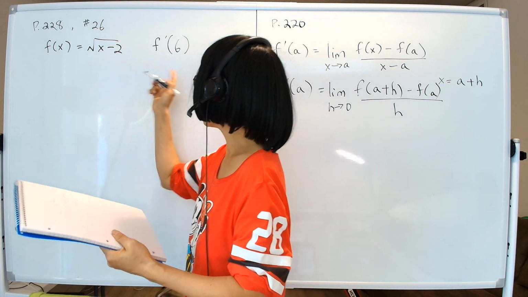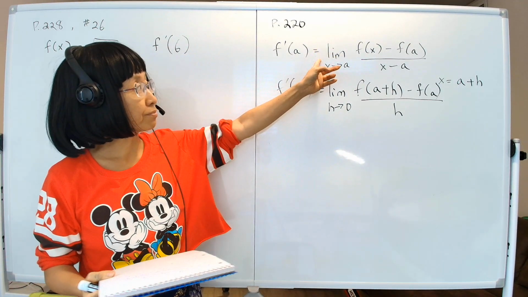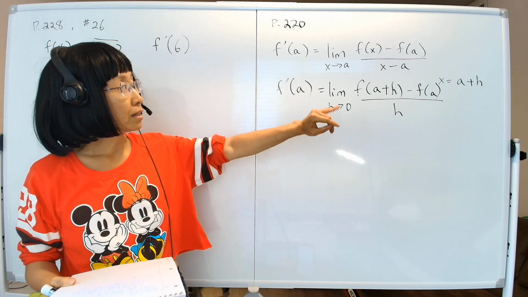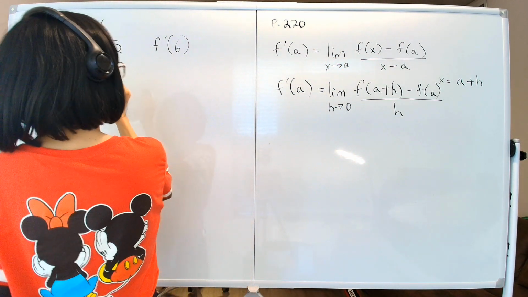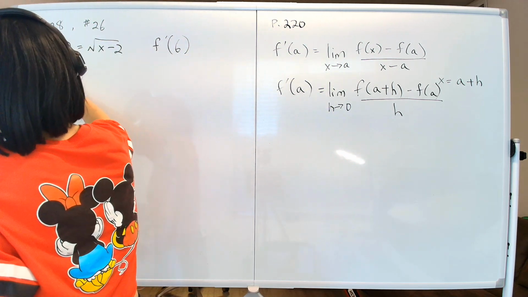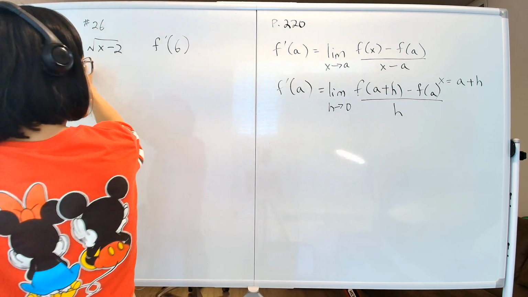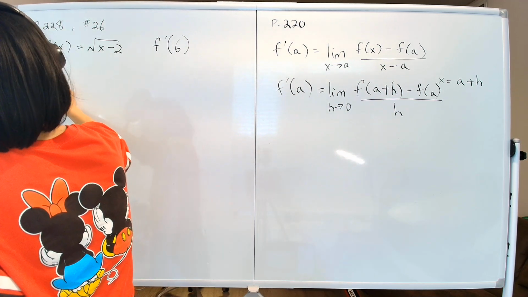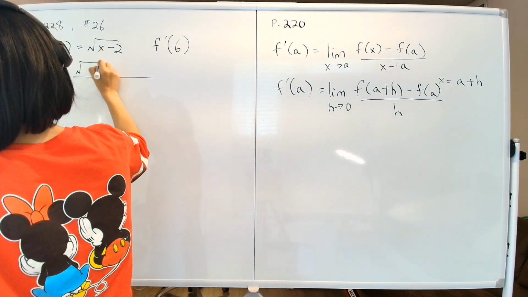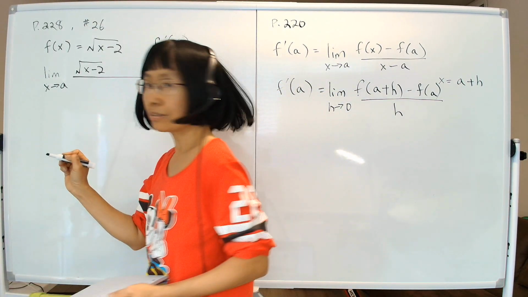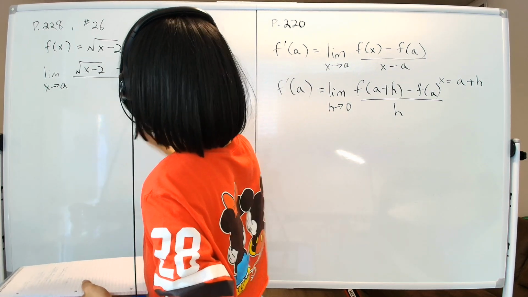So let's do this thing, and then we follow this formula right here. The first one, right? And we'll plug it all in, which says that we need the limit of f of x as x approaches a of this stuff, f of x, which is square root of x minus 2, minus f of a, which is square root of 6 minus 2.